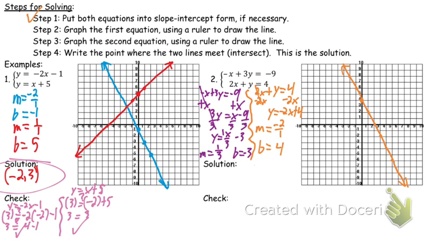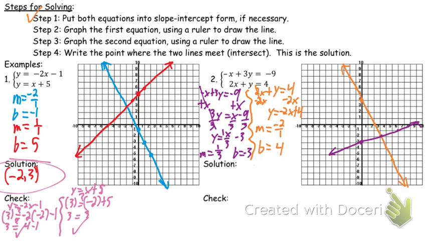Start at negative 3, and I go up 1 to the right 3, up 1 to the right 3, and hey, do we maybe see an overlap right away? Okay.